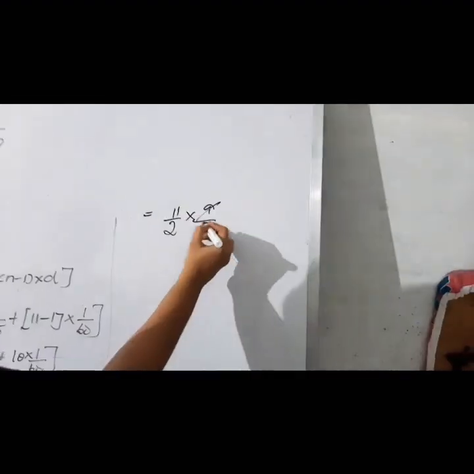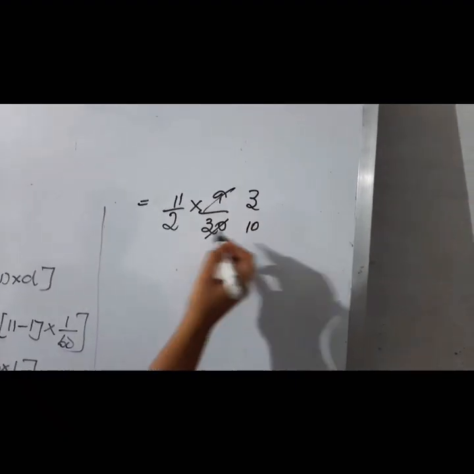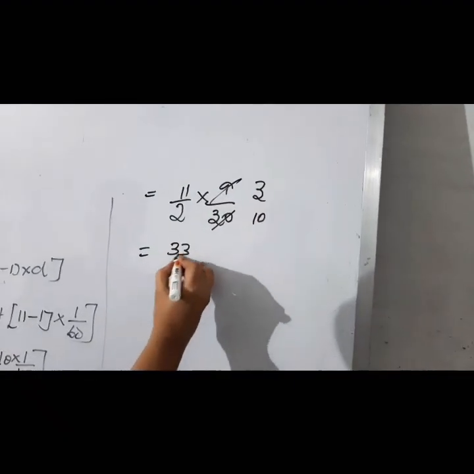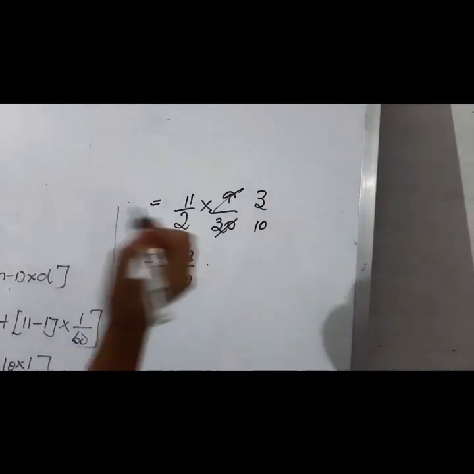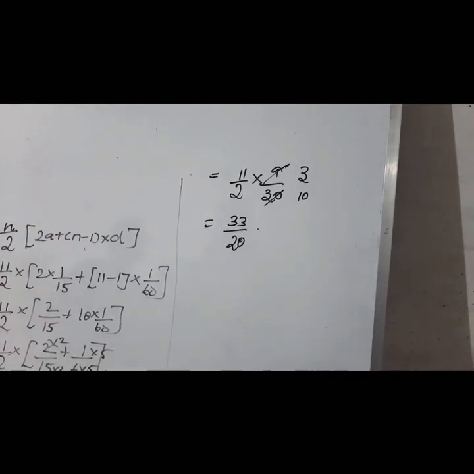If you simplify by 3 tables, 3 and here it is 10, we get 33 by 20. The sum of 11 terms of the given AP in the fourth subdivision is 33 by 20.